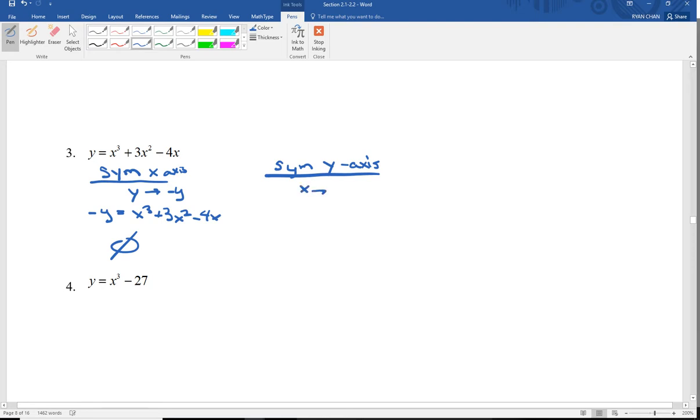Let's do symmetry by y-axis. And I'm going to replace x with negative x. Again, put this in parentheses here. Sorry about that.